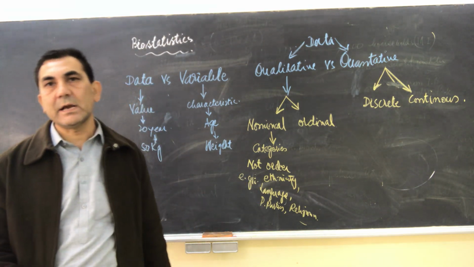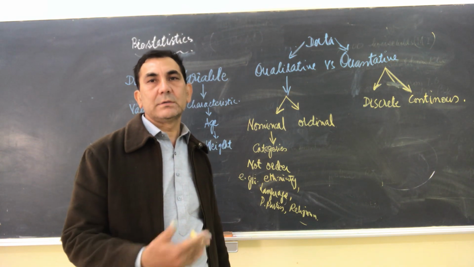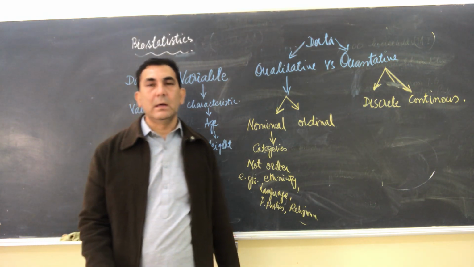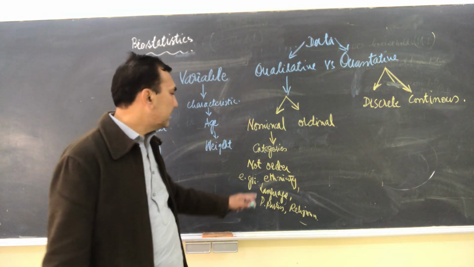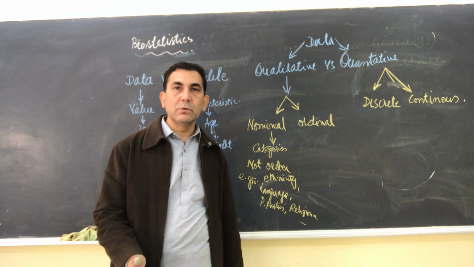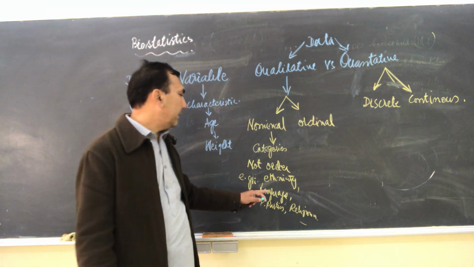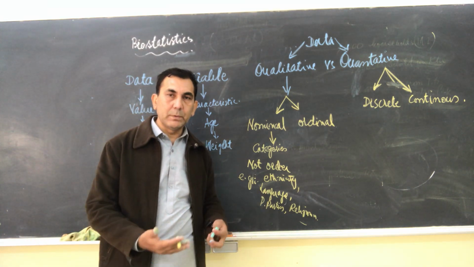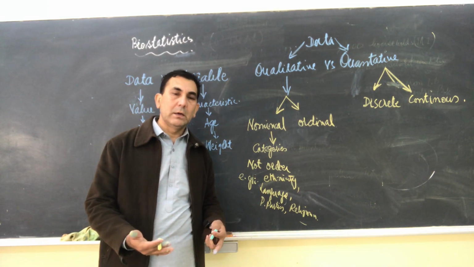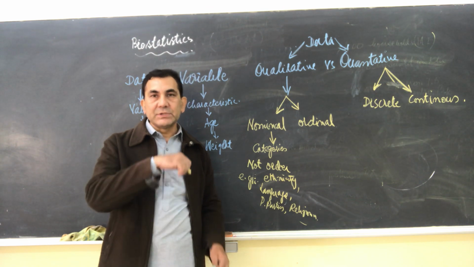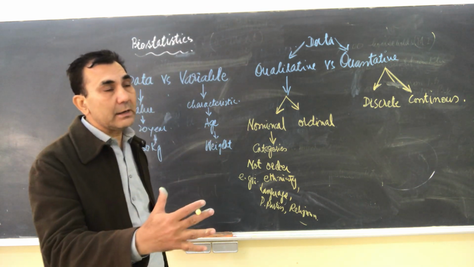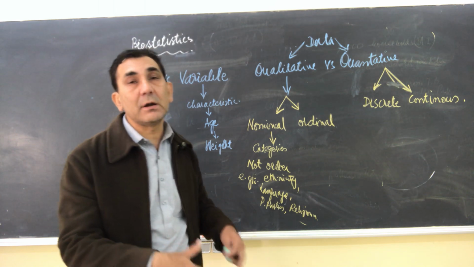The races, like Punjabi, Pashtun, Sindhi, Urdu speaking, and Baloch. These are ethnic groups, but they are not in order form. And the languages, Urdu, Pashto, Persian, Sindhi, and Punjabi, are again in category form, but not in order form.